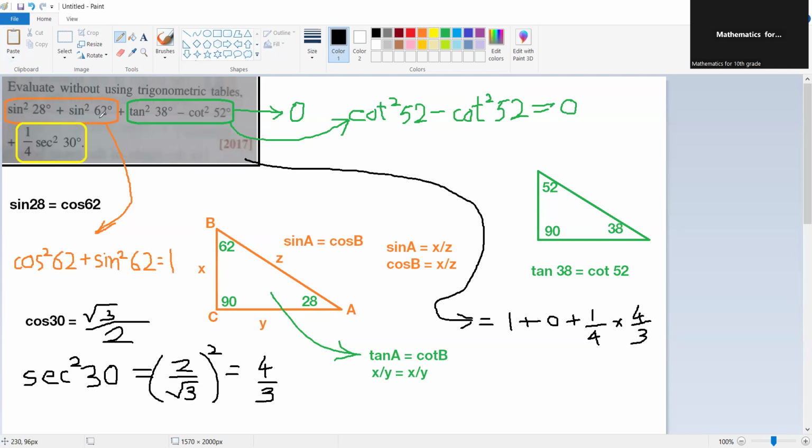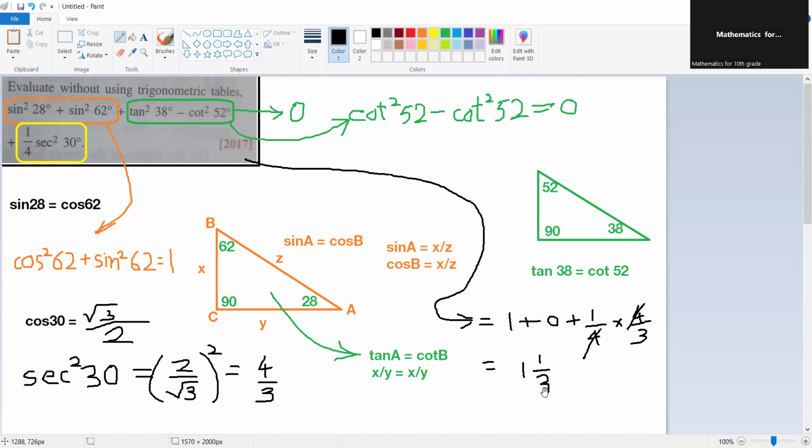Because cos 30 is √3/2, sec 30 is 2/√3, so sec square 30 is 4/3. So 4 and 4 cancel out. So this is equal to 1 plus 1/3, 1 and 1/3. That's the answer.